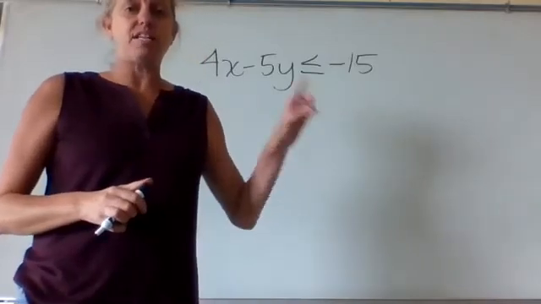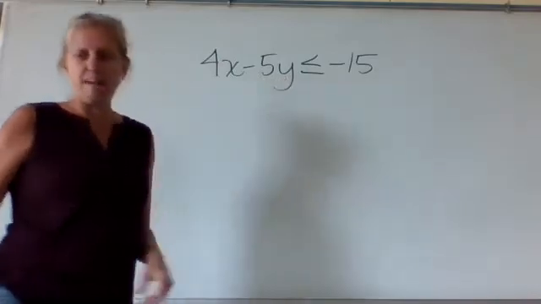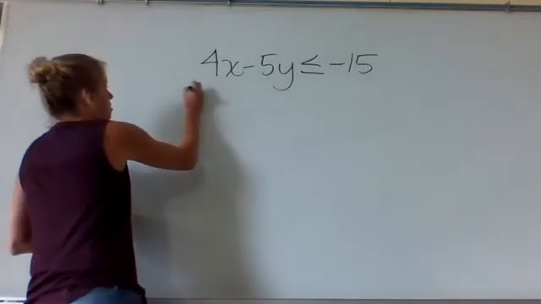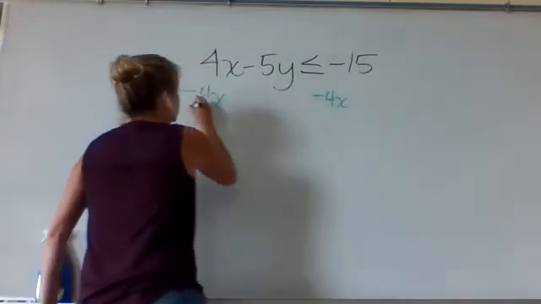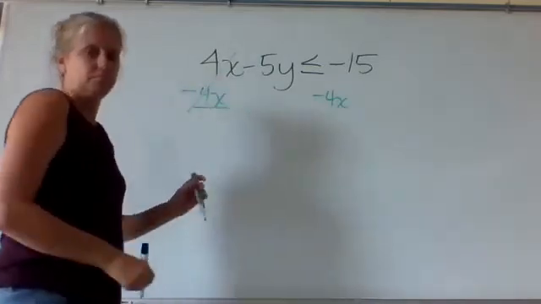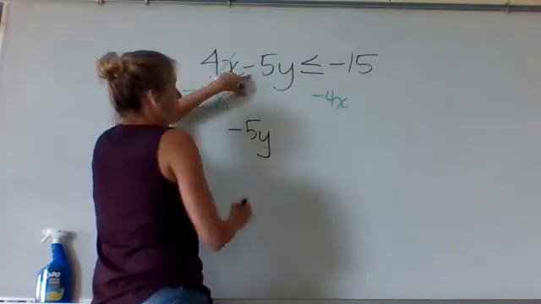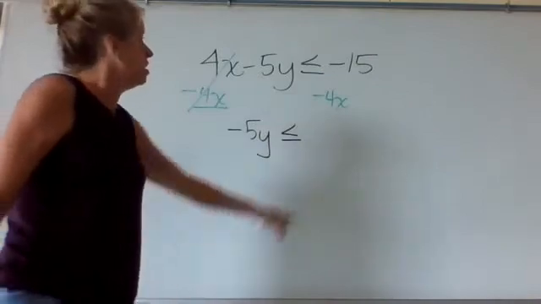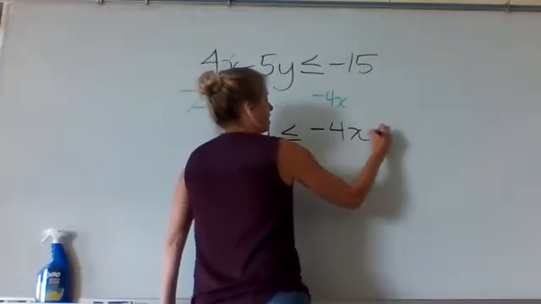So if I'm going to graph this, I want to get this y by itself. So I'll do that first, which means I need to get rid of the 4x. So I'll subtract the 4x from both sides. So now I've got -5y is less than or equal to, these are not like terms, so I'll just bring those down.